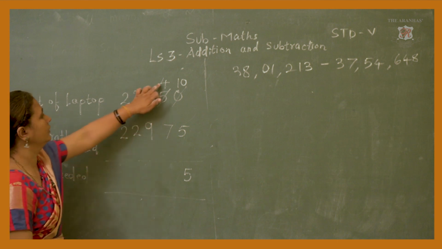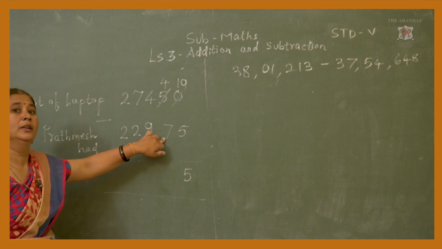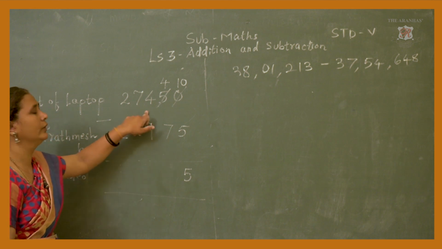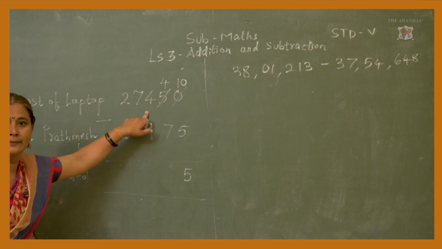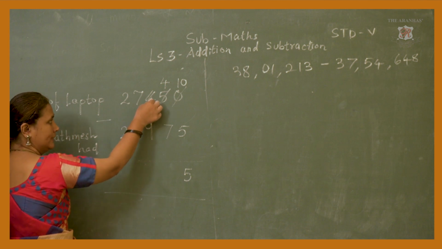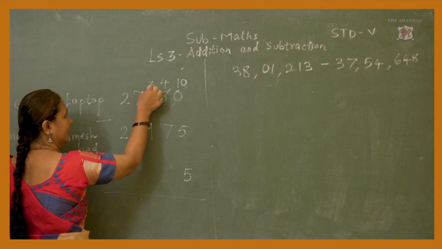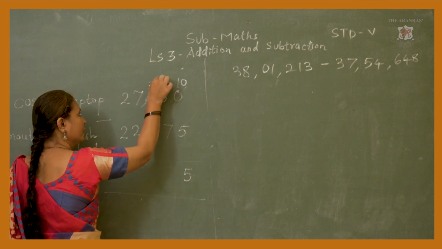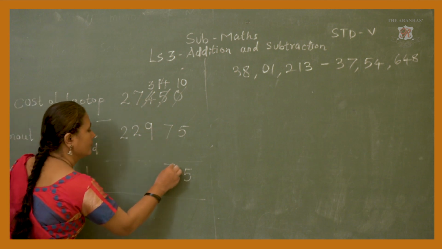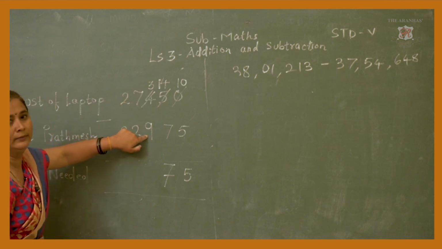Okay. Again now check here, 4 and 7. 4 is less than 7. Then again we have to borrow the number from the 100 place. So first cut 1 from this digit 4. 4 minus 1, here we get 3, and this 4 becomes 14. So 14 minus 7, 7. Now 3 and 9.